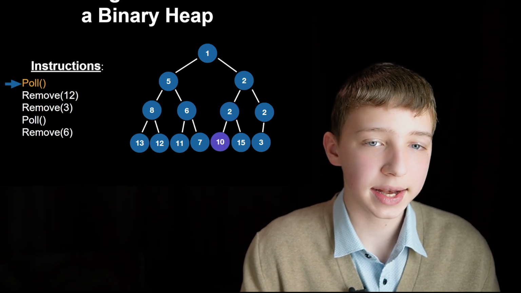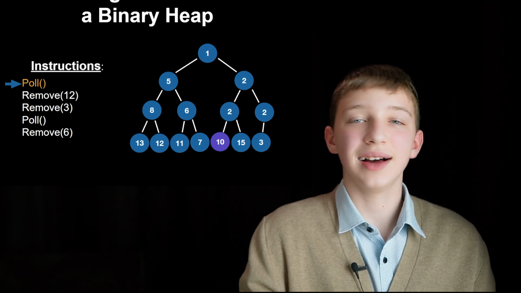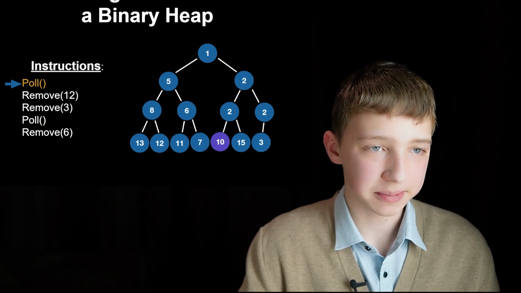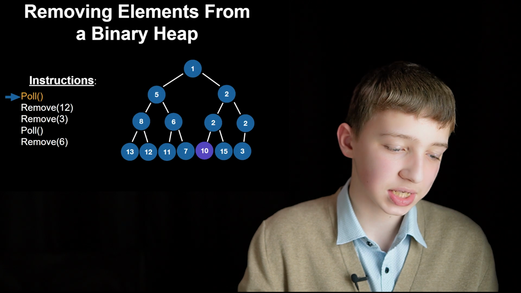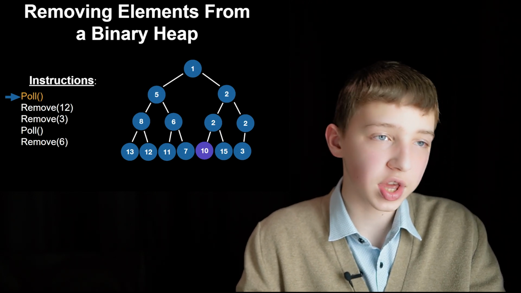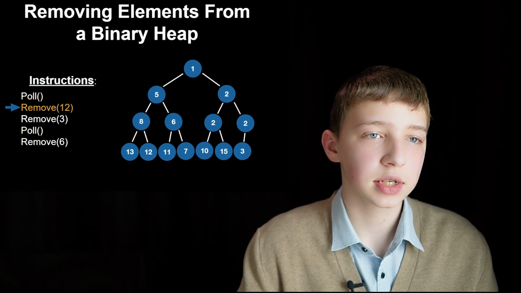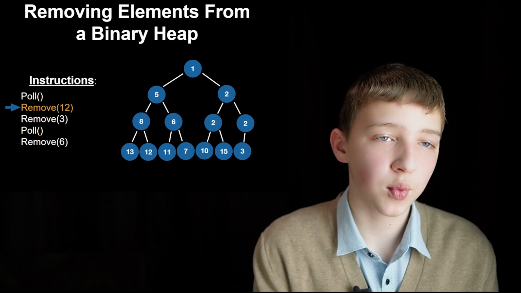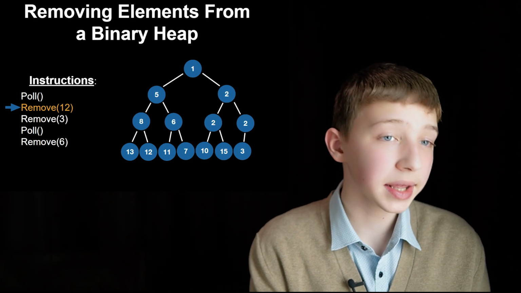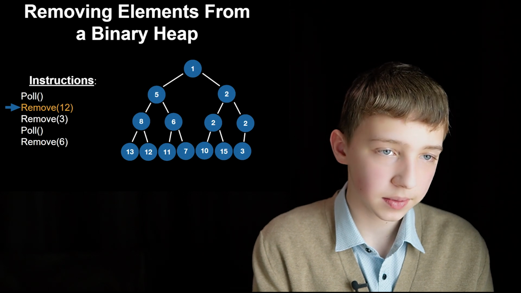So we're swapping it, and now the heap invariant is satisfied. This means that we successfully polled the root, or removed the root element. That is polling: just removing the root and then sinking or bubbling down the node that was swapped into the last position.